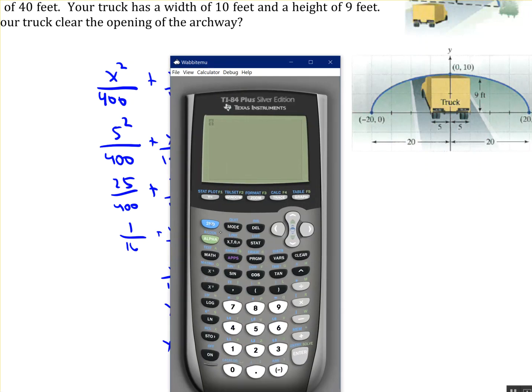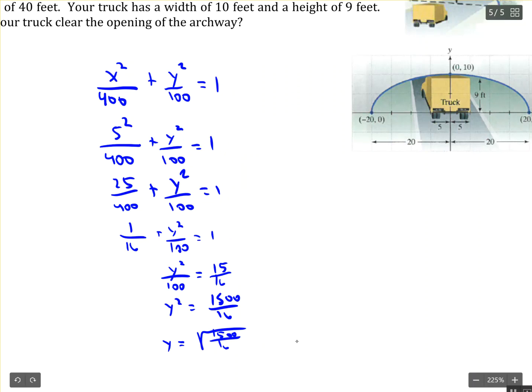You get 9.68. So, 5 feet from the center, the archway is 9.68 feet tall. So the height of the truck is 9 feet, so yes, it will fit.